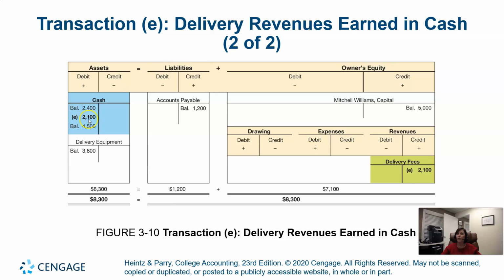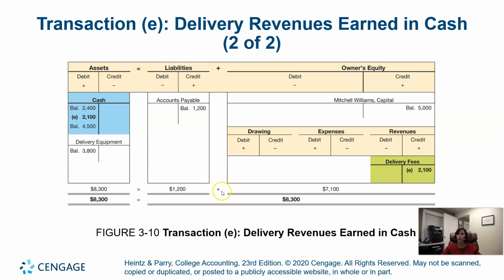And we now have cash that we didn't have a minute ago, which has raised our balance in the cash account. So now we still have our lonely old liability of $1,200 over here, but the owner's equity side gets a little more interesting finally. We still have our owner's original investment of $5,000, and we now have delivery fees, which makes our total under the owner's equity umbrella $7,100.